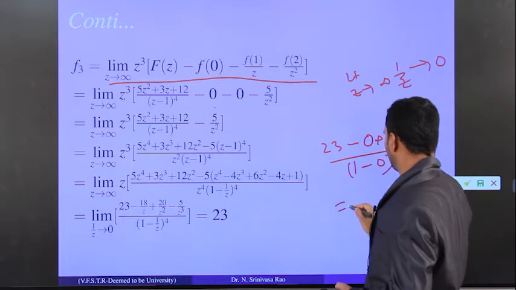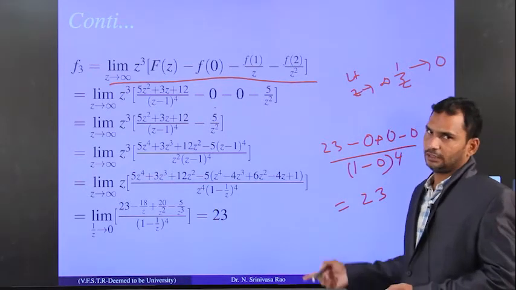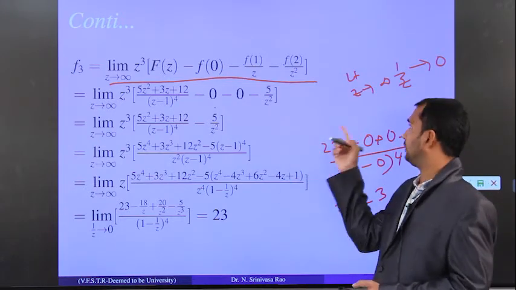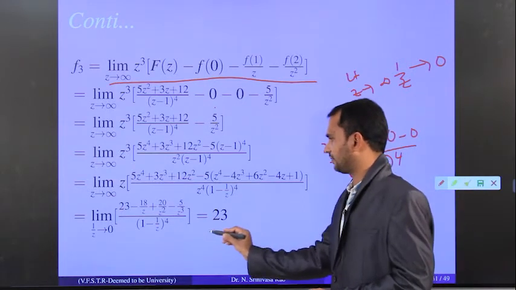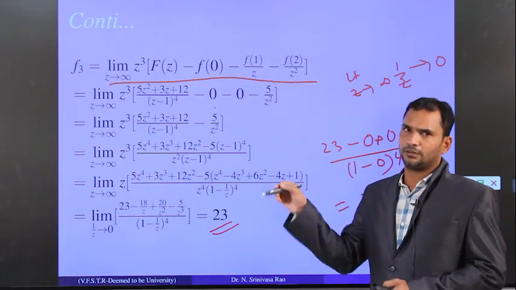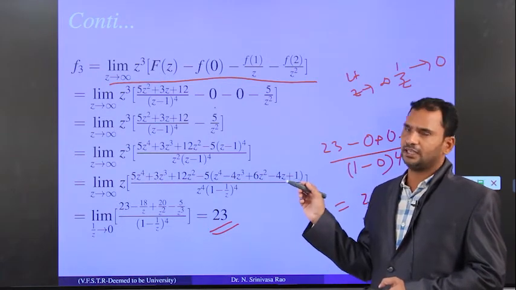If you simplify further, you get 23. So f0 value is 0, f1 value is 0, f2 value is 5, and f3 value is 23. This is the final answer for f3. This way we have to find the f1, f2, f3 values using the initial value theorem.